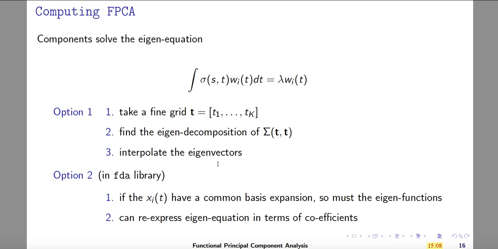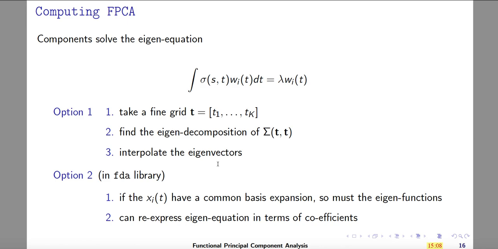Basically, because in real applications we never know xi of t, we only have discrete measurements of xi of t.